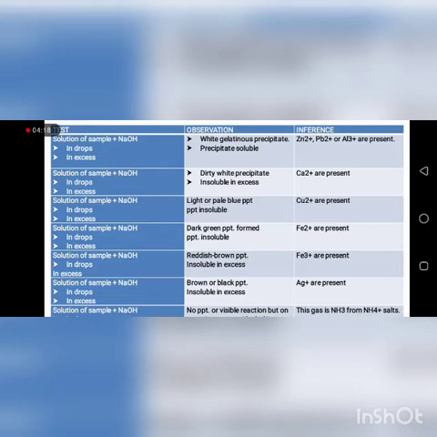Next, when sodium hydroxide is added to a solution of unknown sample in drops and you see a brown or black precipitate, and the precipitate is insoluble in excess sodium hydroxide, it confirms that silver is present.